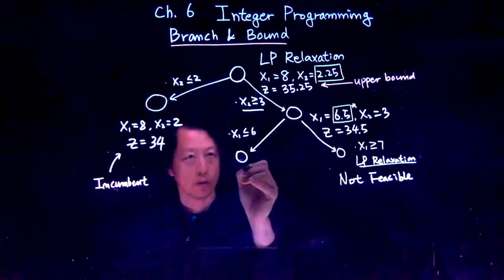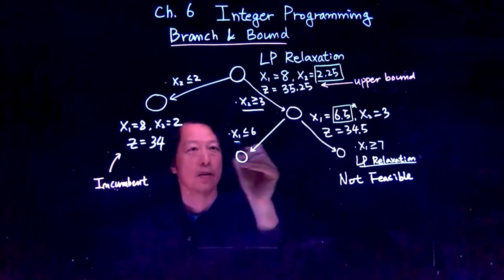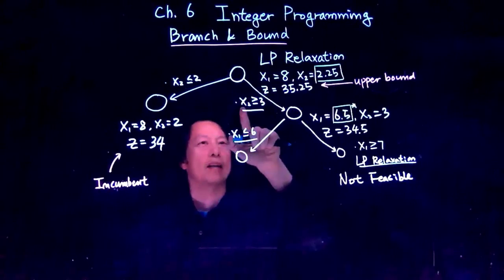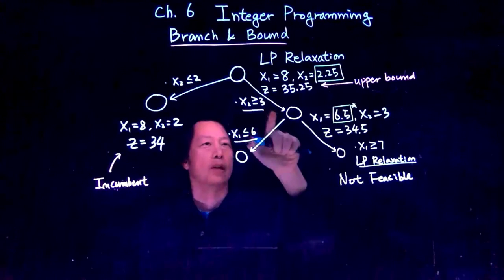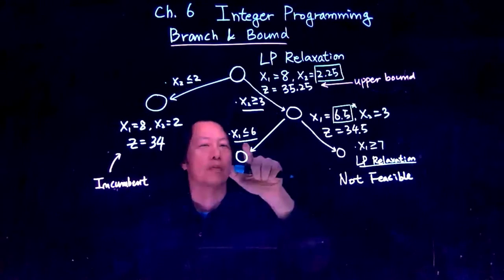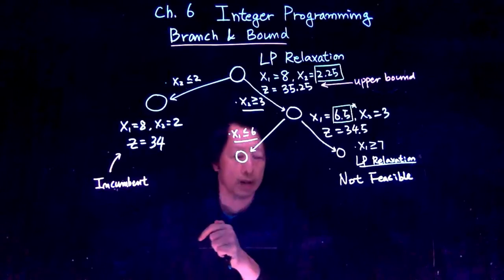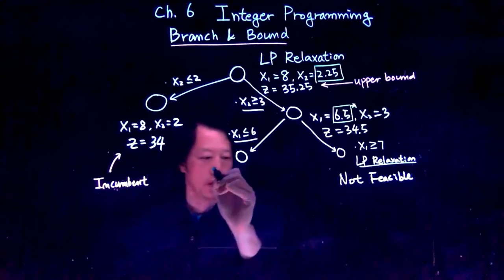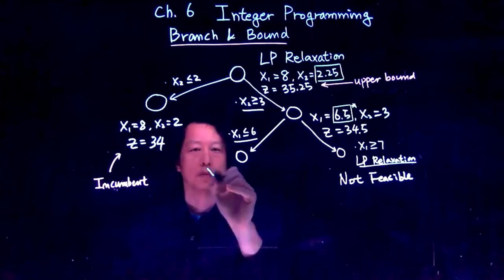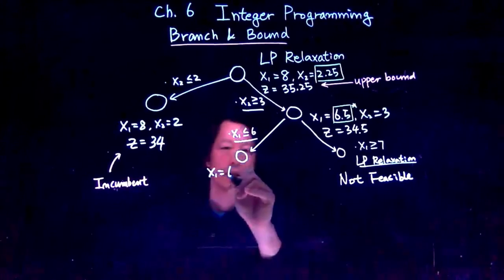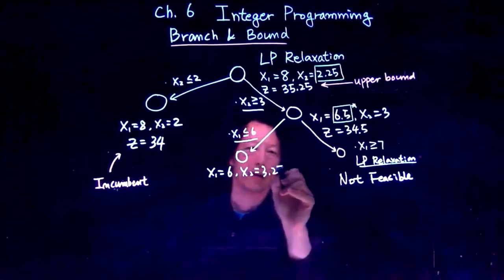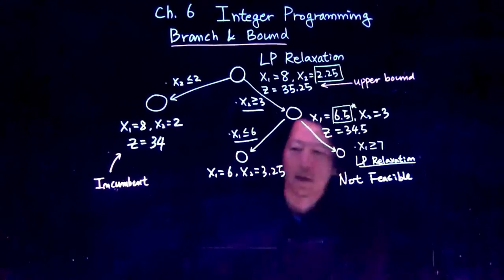Now if you solve this LP problem, adding this constraint, which means from the original one we already added x2 should be greater than 3, and now we add another one, x1 should be less than 6. Then if we solve the LP relaxation, x1 is 6 and x2 is 3.25.